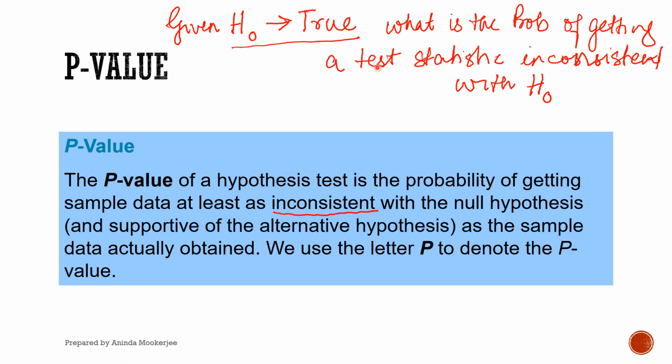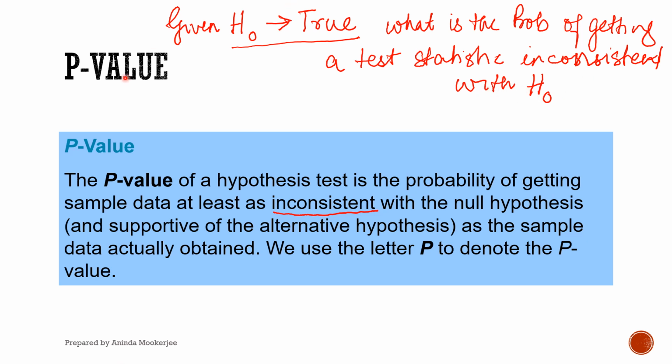If we see that the test statistic is very different from, or inconsistent with, what the null hypothesis is stating, if it is far off from the null hypothesis metrics, then we will reject the null hypothesis.